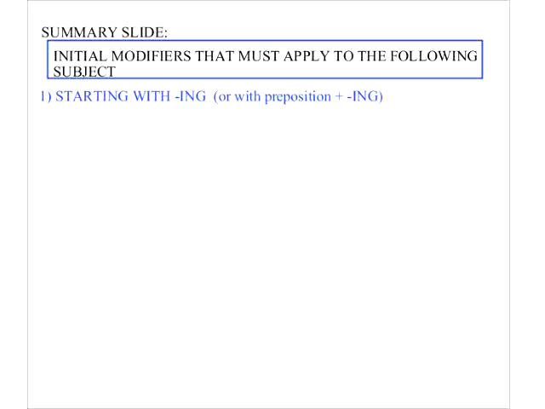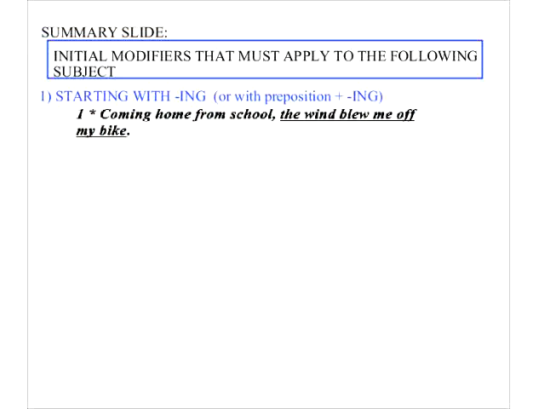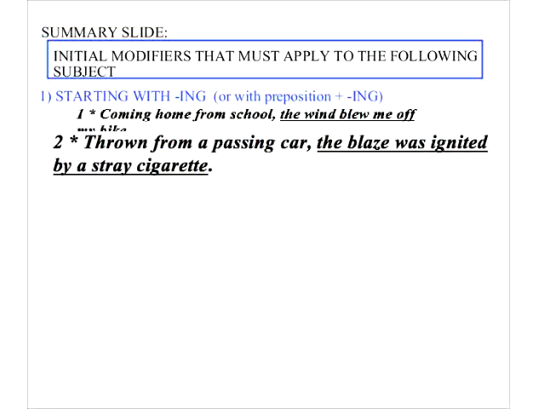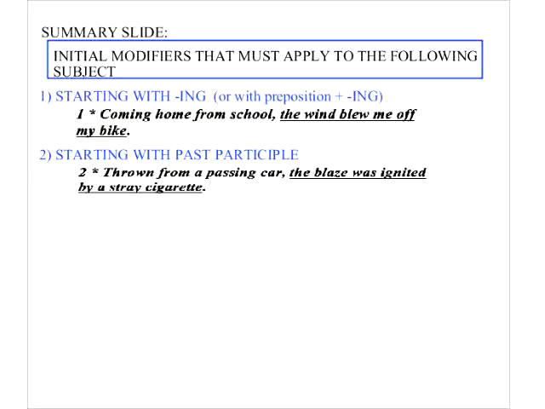So this example, coming home from school, the wind blew me off my bike, is an incorrect version of that. The second one we had was starting with a past participle. The example there was, thrown from a passing car, the blaze ignited. I mean, people can't throw a blaze out of a car.